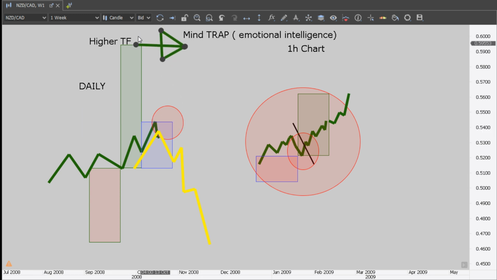This is a mind trap. You should not do this, everybody. If you entered from the daily, you need to re-enter from the daily because of the relationship between the risk and reward. From the daily chart, the swings are much bigger than from the 1 hour chart.